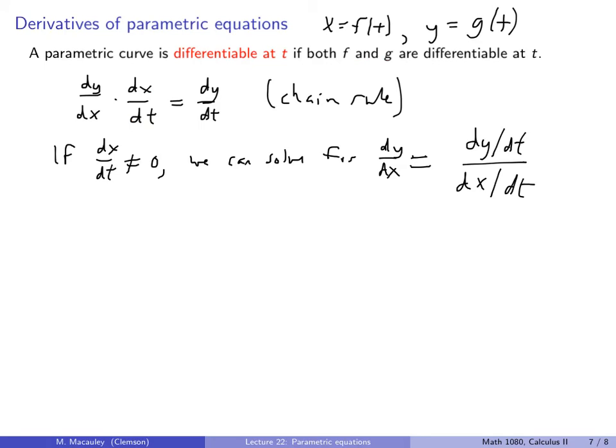So this is the first derivative. This is, in other words, what you think of as y prime of x.